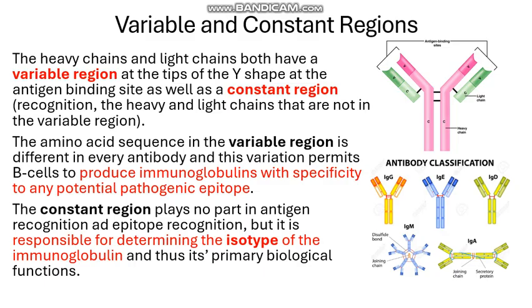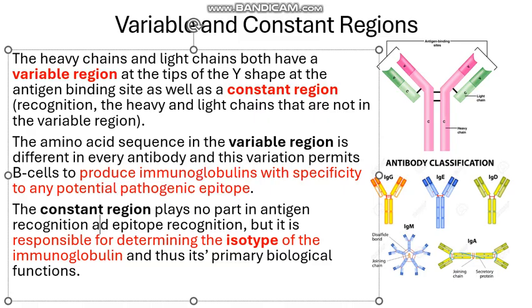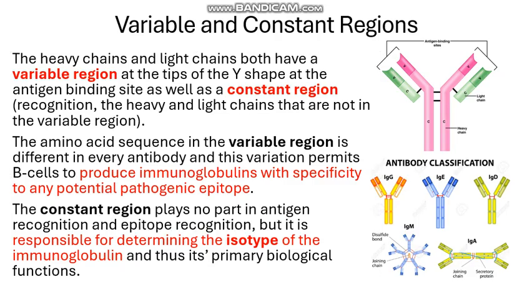The constant region plays no part in antigen recognition and epitope recognition, but it is responsible for determining the isotype of the immunoglobulin. And the isotype reflects the immunoglobulin's biological function.